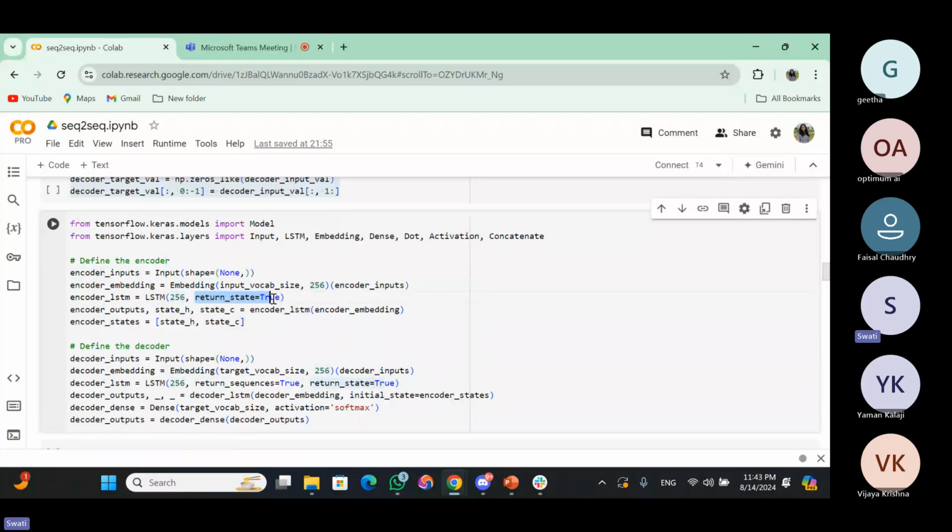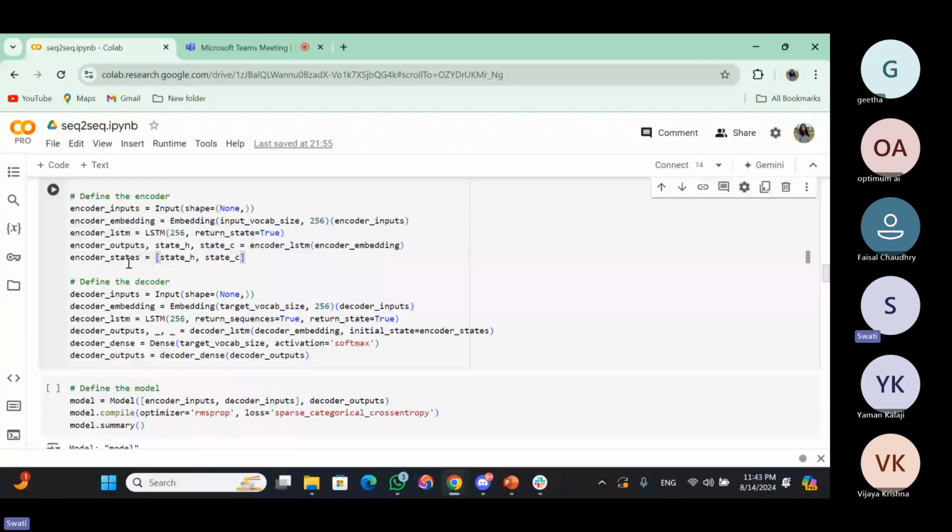Return state true means that at the output of the encoder we want the hidden state. So we set return state equal to true, and then we define the hidden state, cell state, and encoder output. The encoder states, which will be passed to the decoder, are stored in this encoder states.